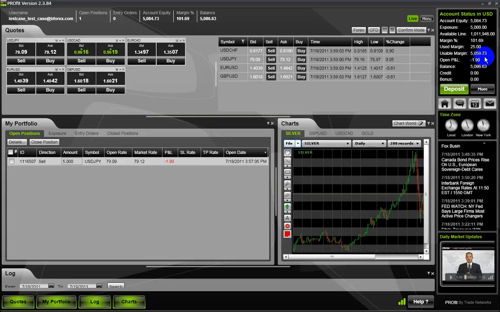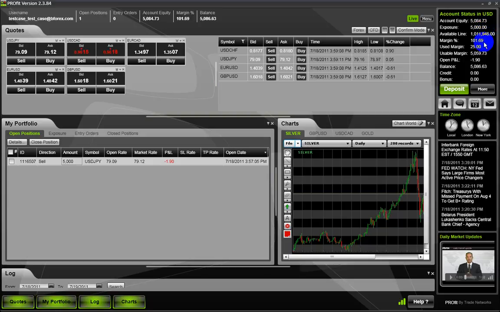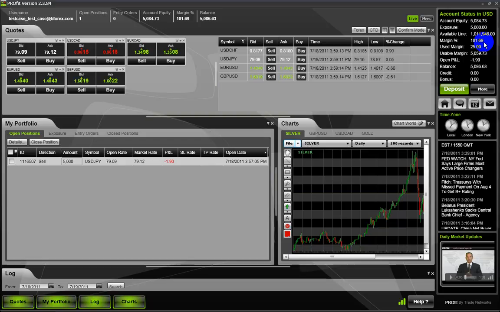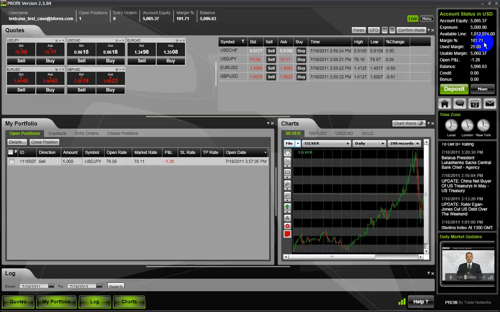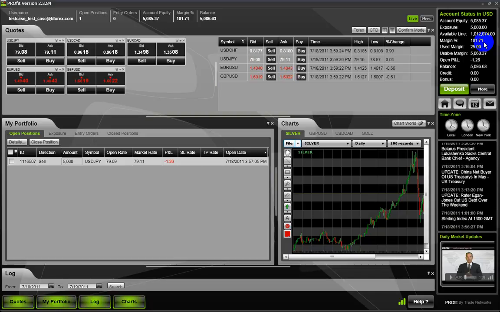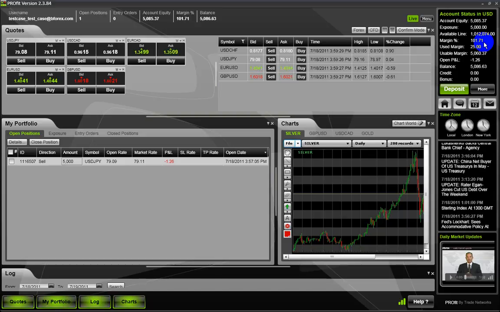So right now we have an account equity of 5,000. That means that we're able to use $250 up to $500 in our used margin in order for the trade to be relatively safe. Once you get higher than that, the risk can be a little bit steeper, because that means that even a small movement in the market will affect your account by a lot.